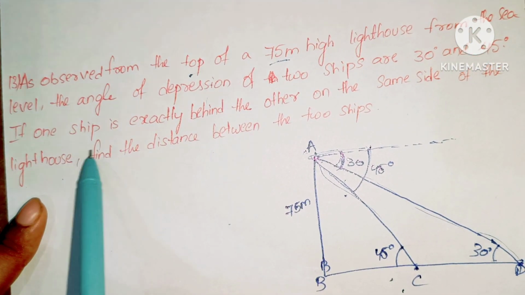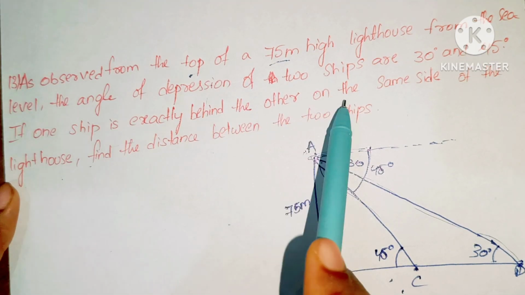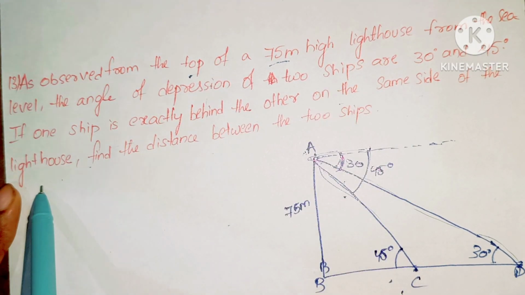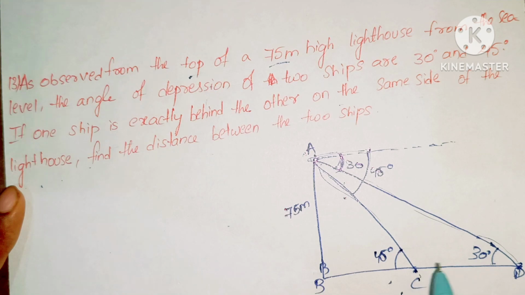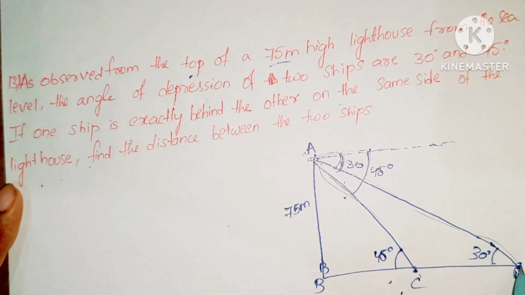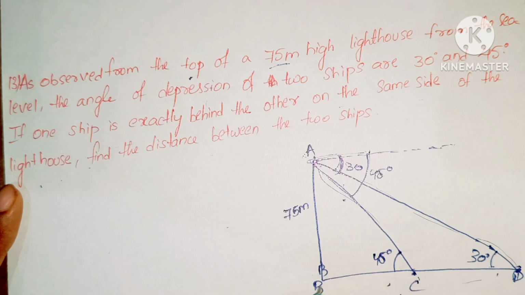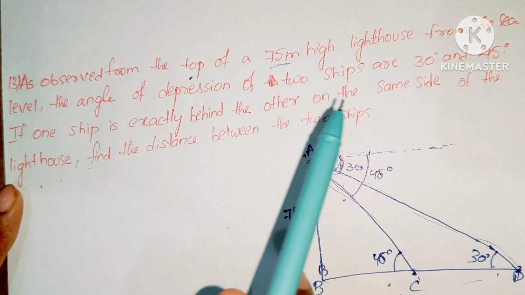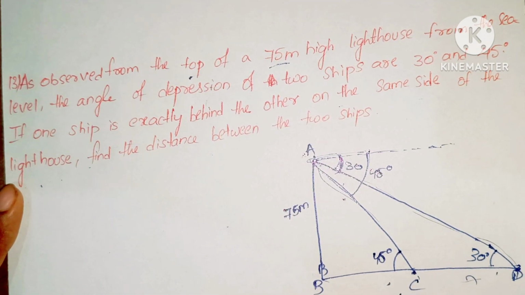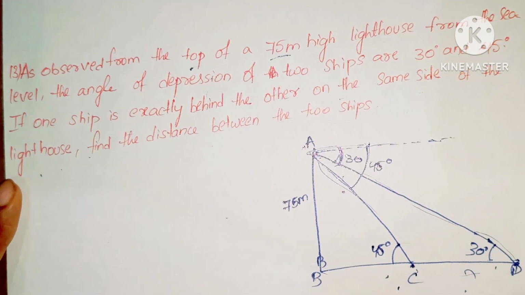If one ship is exactly behind the other, on the same side of the lighthouse, so one ship is exactly at the back of the other ship and on the same side of the lighthouse, then find the distance between the two ships. That means he is asking for CD.